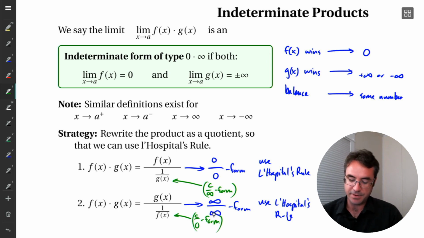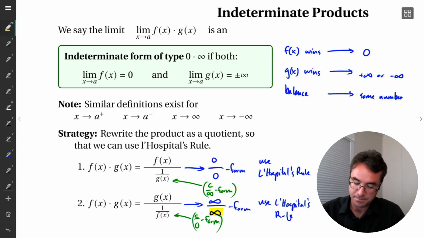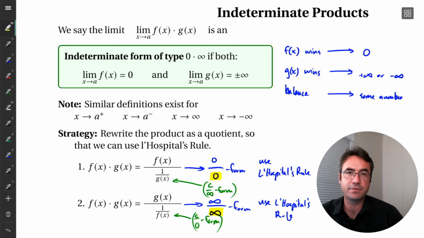So that's why we got infinity down here. It was a c over 0 form. And that's the same reason why down here we got a 0, because that was a c over infinity form. All right, so it's going to help to try an example with this, but we're just kind of setting the stage. We have this indeterminate product, and this is going to be our main strategy for dealing with those indeterminate products.